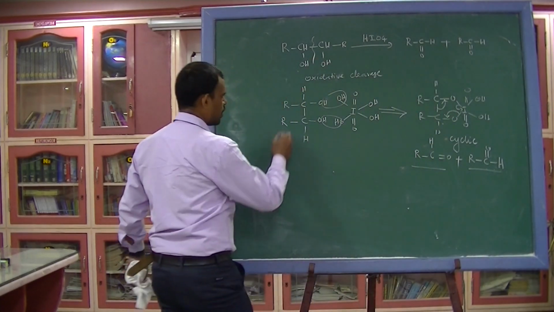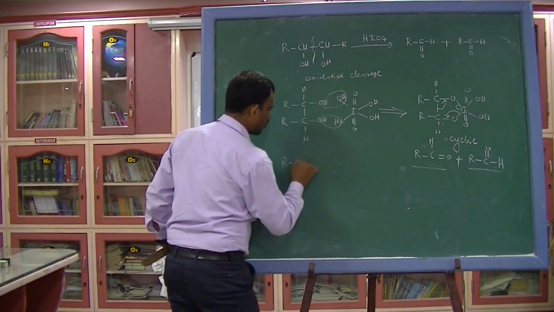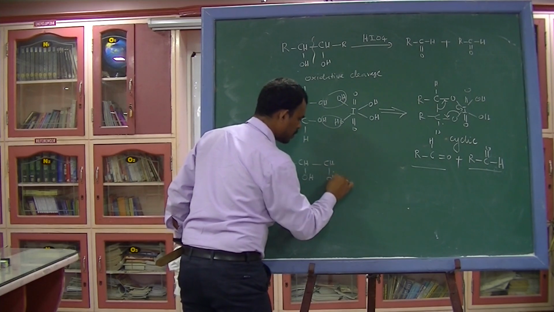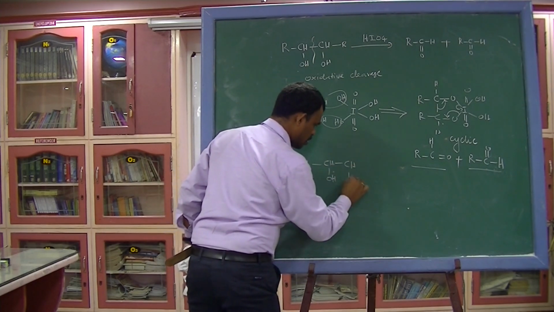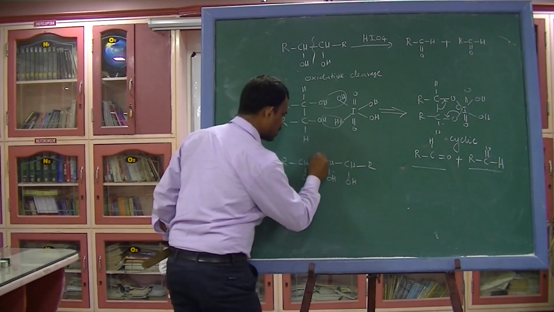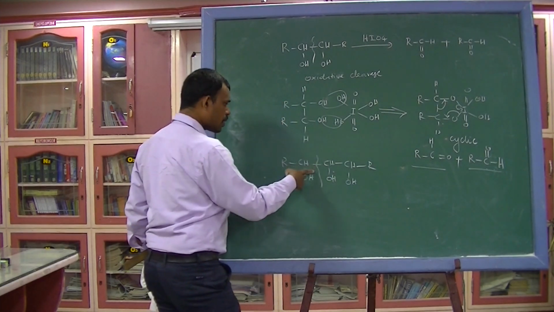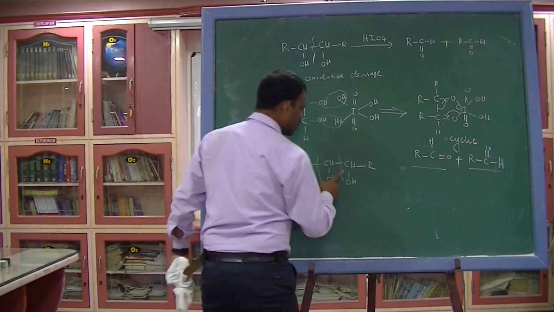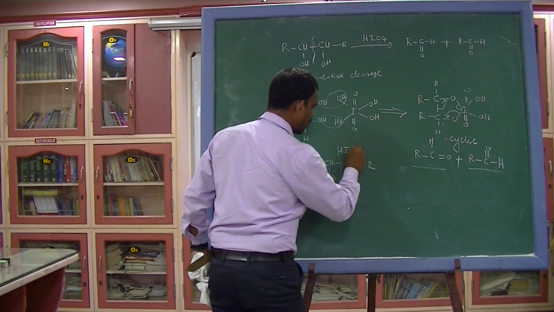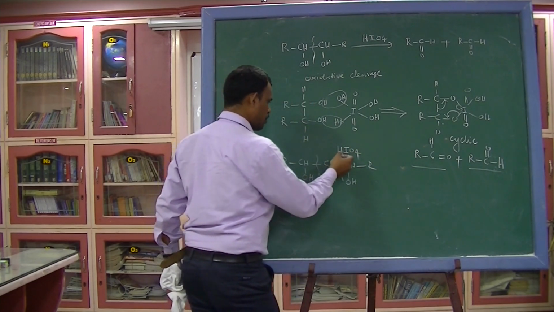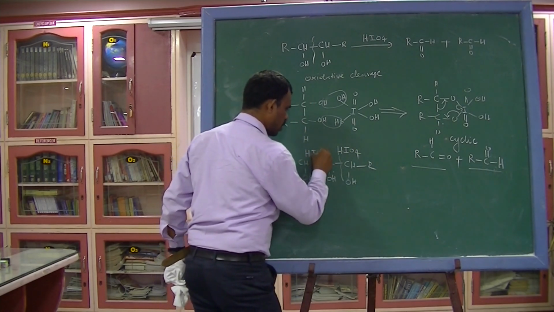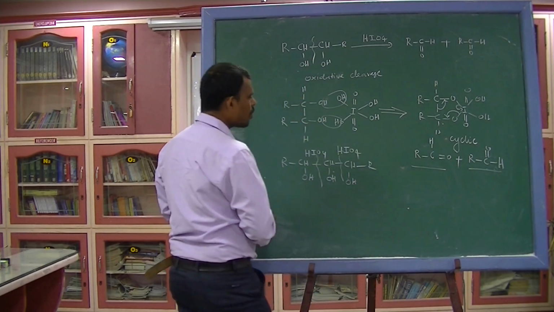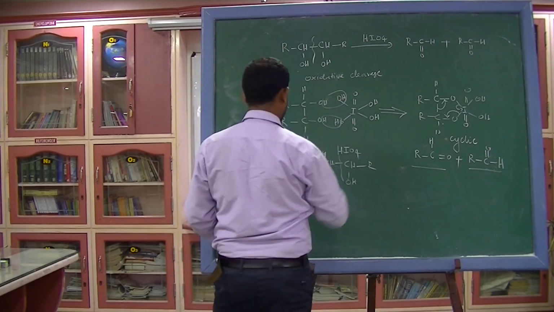For example, if you have a triol, first initially the CC bond will get cleaved. Similarly, you can cleave the next CC bond by using another equivalent of periodic acid. Like this we can cleave the carbon-carbon bond by using periodic acid.